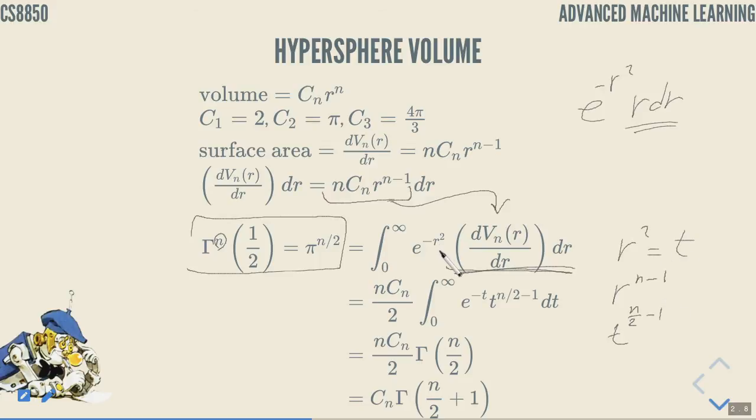But then this substitution goes with t. That's clear. And dr is substituted with dt, that's where we got 1/2.